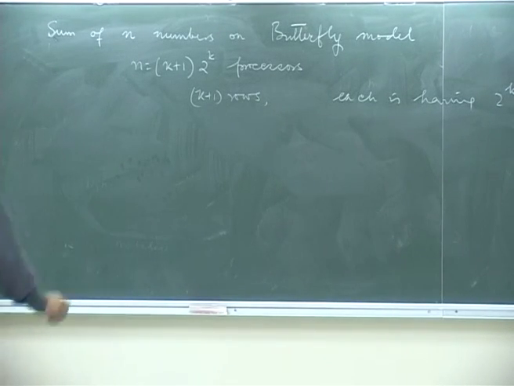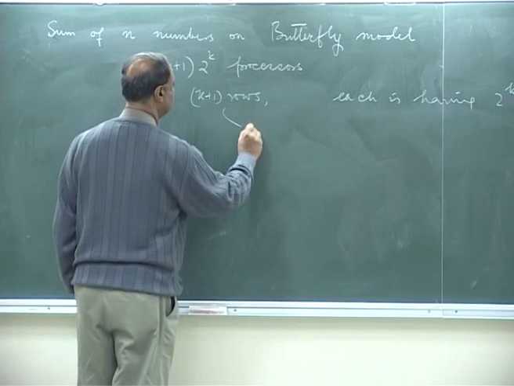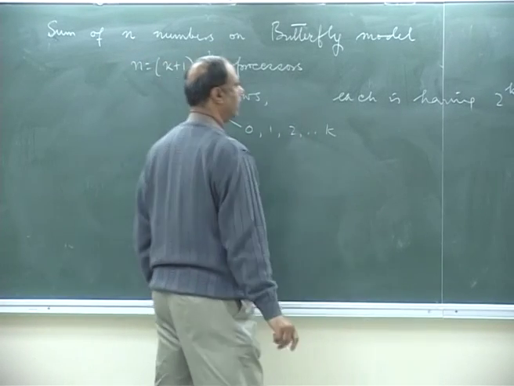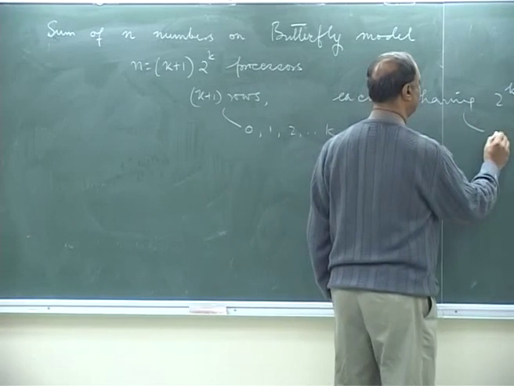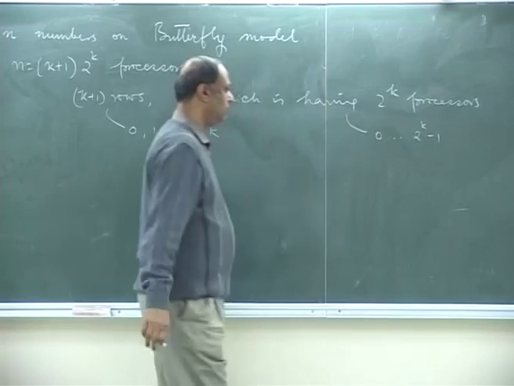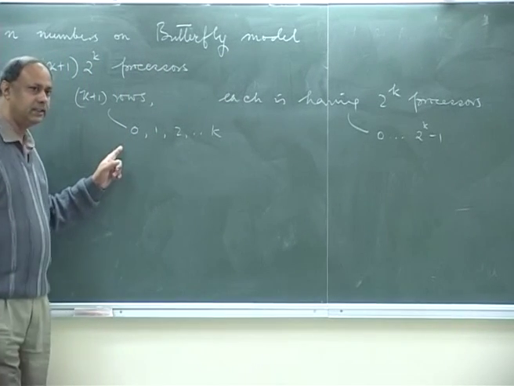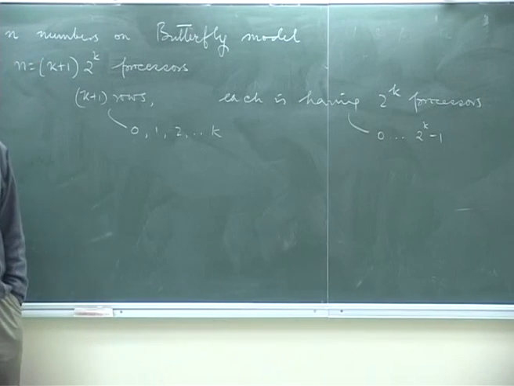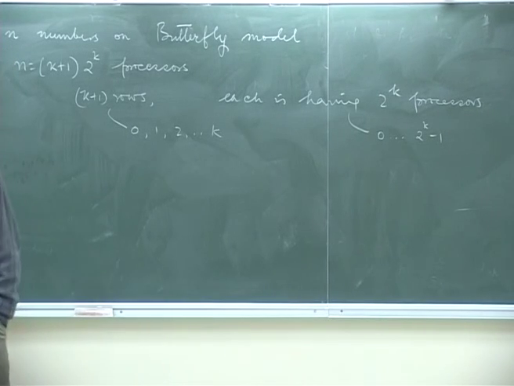Now rows are numbered 0, 1, 2 up to k, and processors are numbered something like that, right? Did I start with 0 to k or 1 to k plus 1? There should not be any problem with 0 to k.